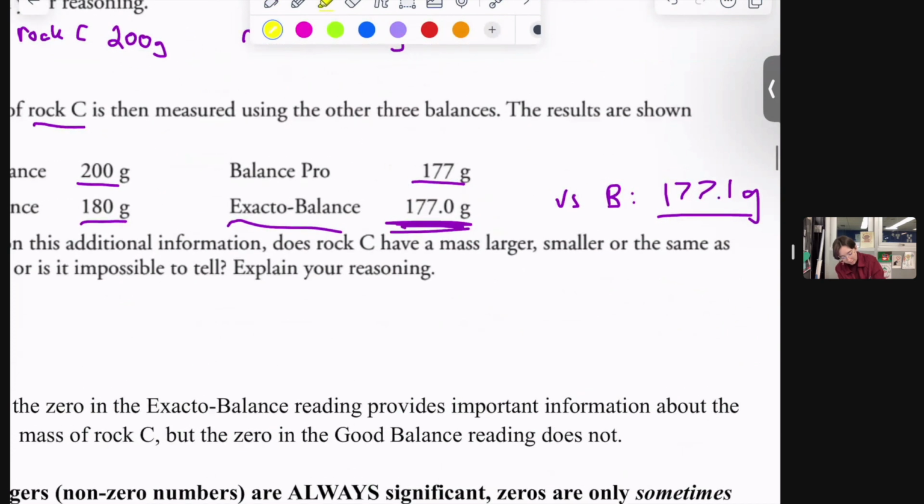So notice, the fact that we had that decimal place, the fact that we have that 0 at the end, was able to tell us that I have exactly 177.0 grams of rock C. That 0 matters. It is giving us precision. It is telling me that I am very sure about this measurement. It's adding precision.